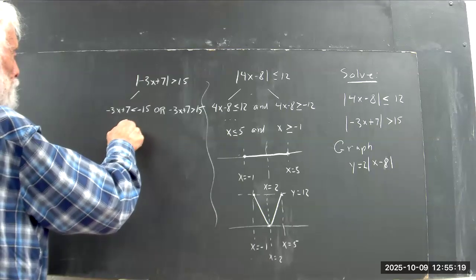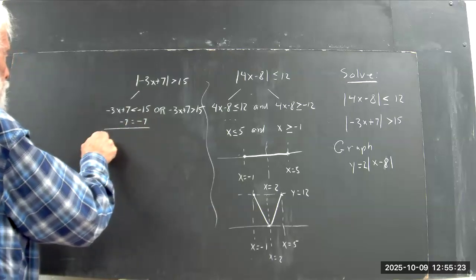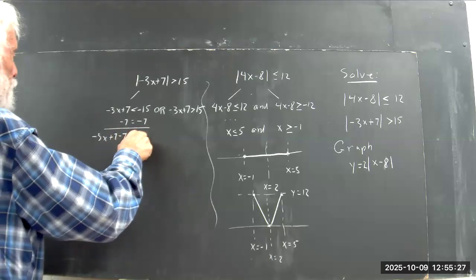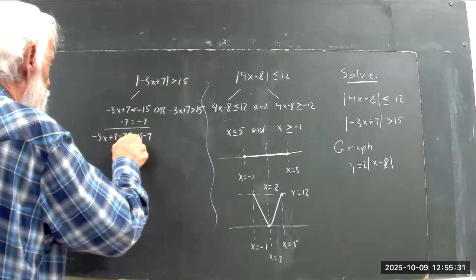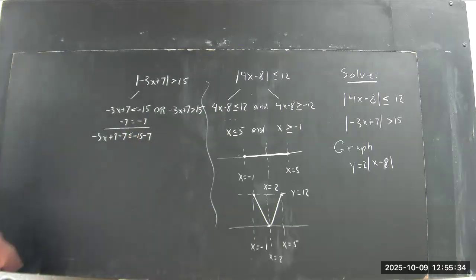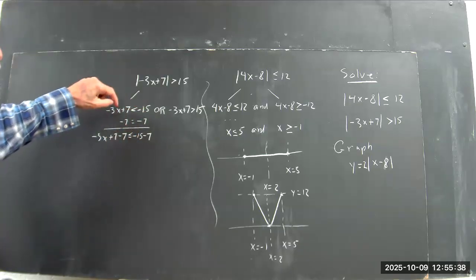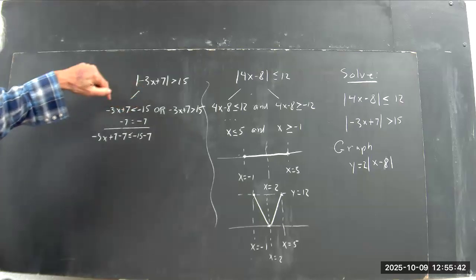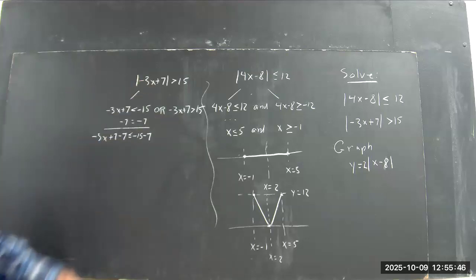Y'all like to do the minus 7 equals minus 7 thing. We get negative 3x plus 7 minus 7 and negative 15 minus 7. And now it's less than or equal, not equal. If you have something that's less than or equal to something else, and add the same thing to both, this one's still going to be less than or equal to this, right? Okay.